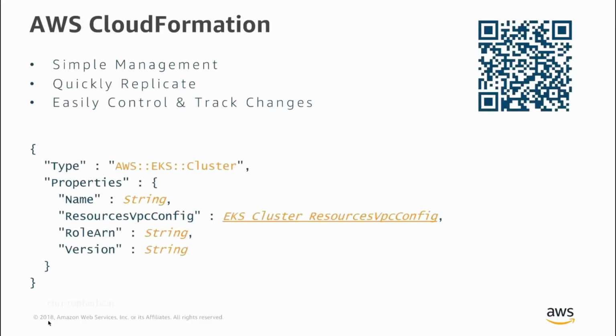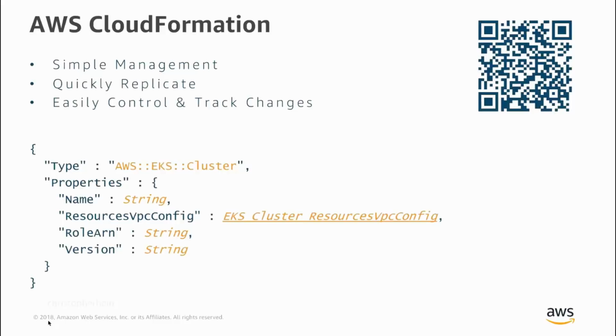AWS CloudFormation provides the AWS native way to provision clusters. It's simple to manage via the CLI or using the AWS console. You can quickly replicate your clusters across multiple regions by using the same templates. And you're able to track any changes using the newer drift functionality to these clusters.